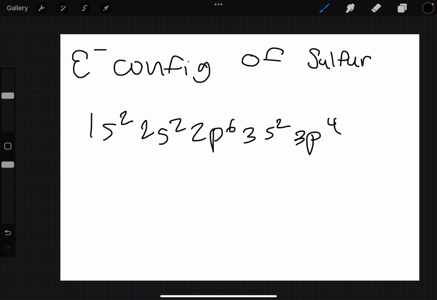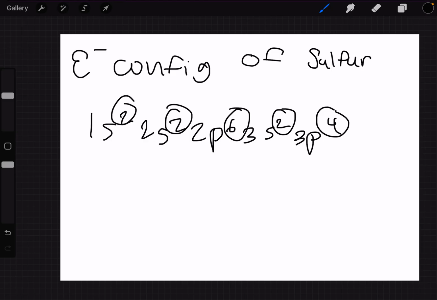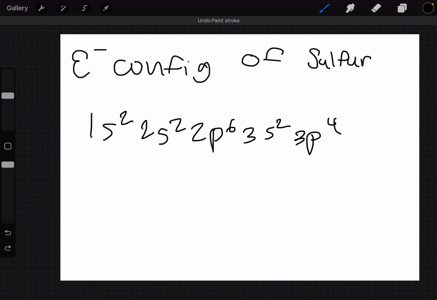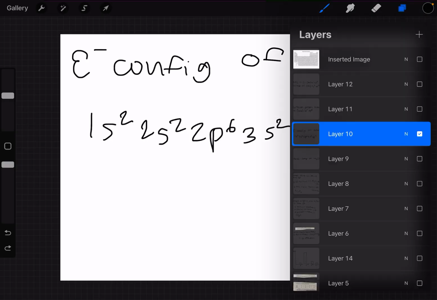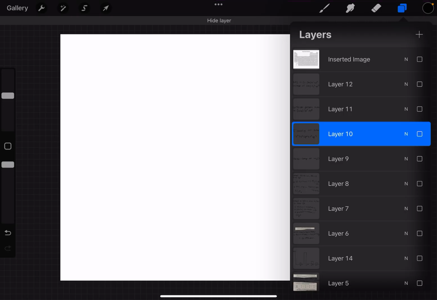And to make sure you did it right, just count all the electrons here, and if it equals 16, then you get the right amount. It's just basically following a pattern.